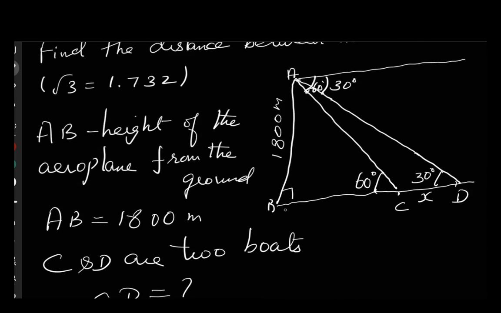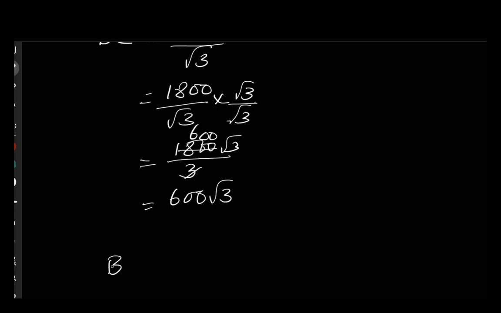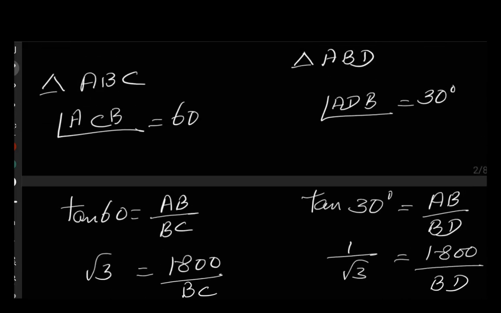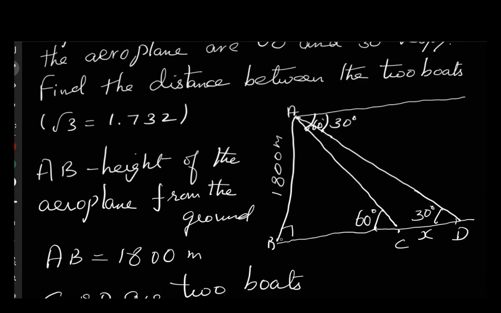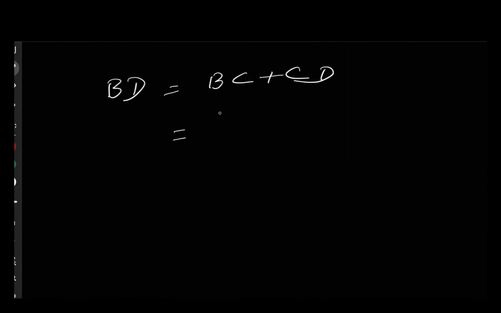From BD here, 1800 root 3. I need to find what is CD, the distance CD. So BD is equal to BC plus CD in the diagram. What is BC? BC is equal to 600 root 3.